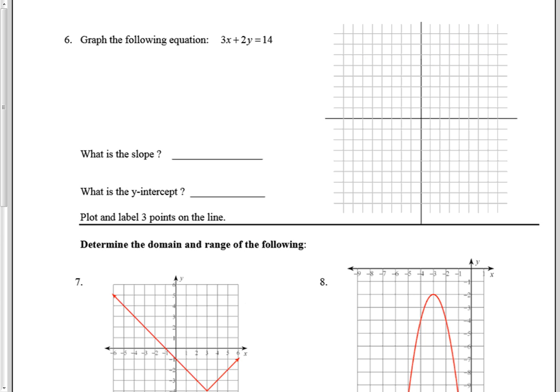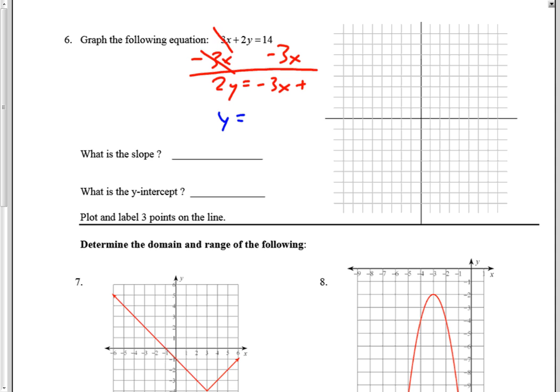You're going to see a couple like this. You've actually got to do something before you graph it. How do I get y all by itself from that? You subtract both sides by 3x. We want the entire 3x to go away.